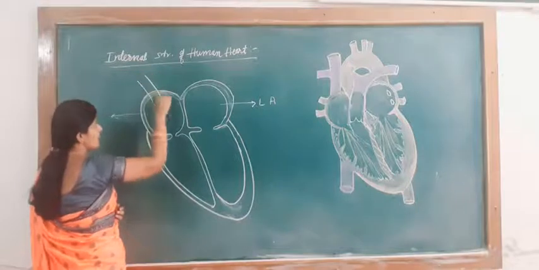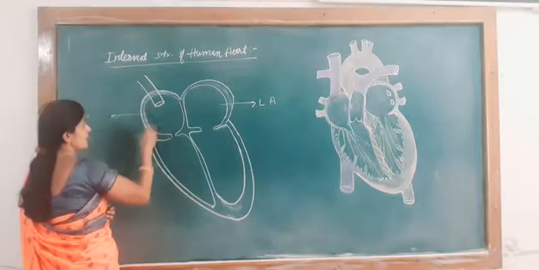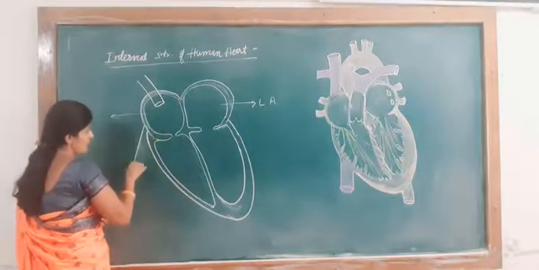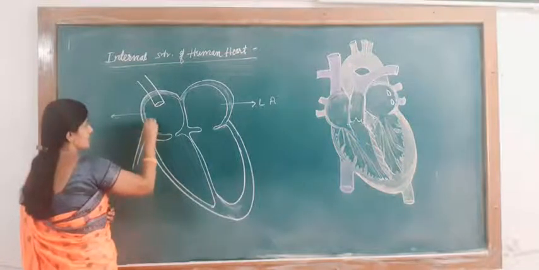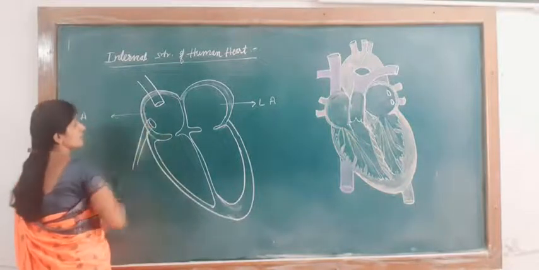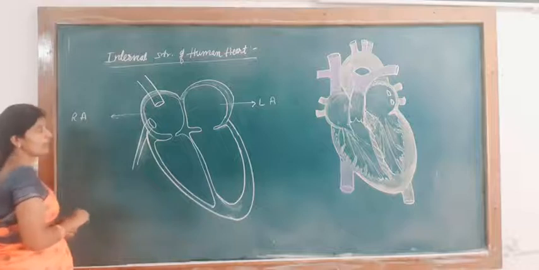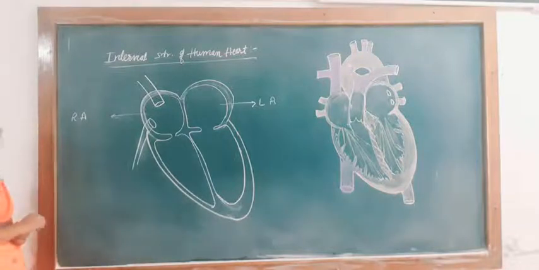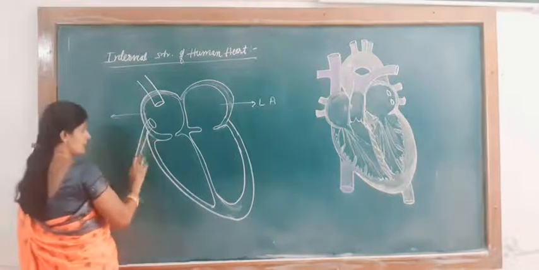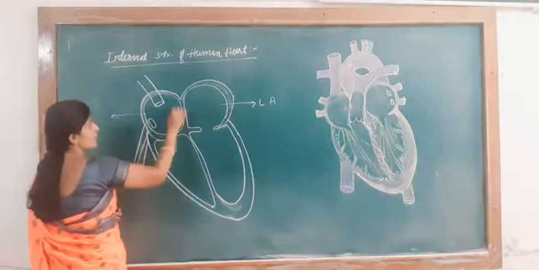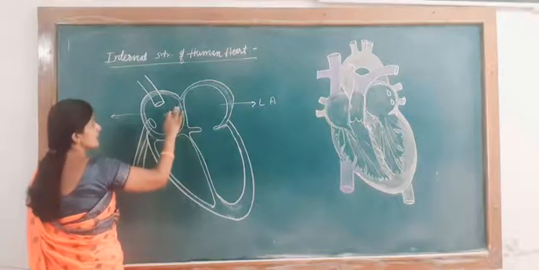They receive the blood from 3 sides: from the superior vena cava and inferior vena cava, then from the coronary sinus.